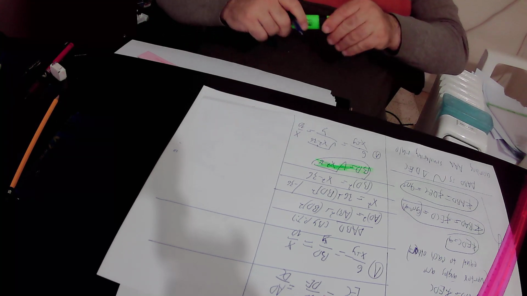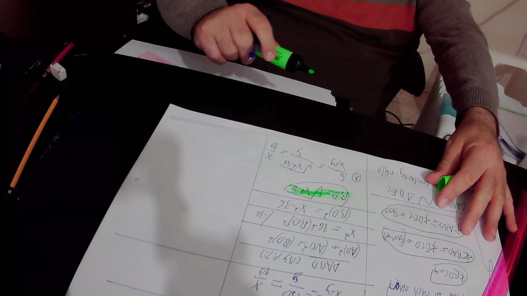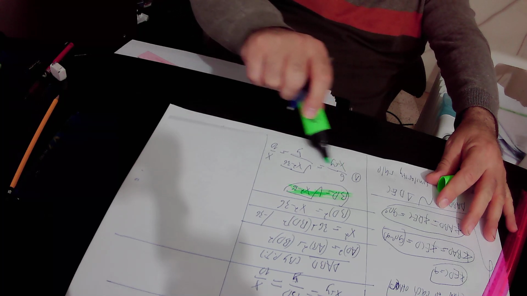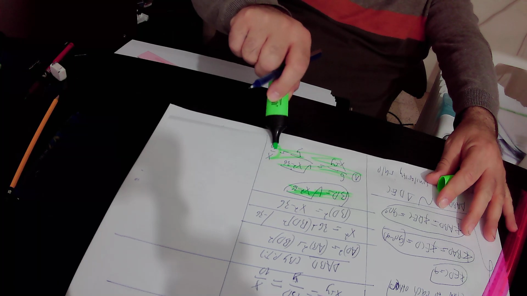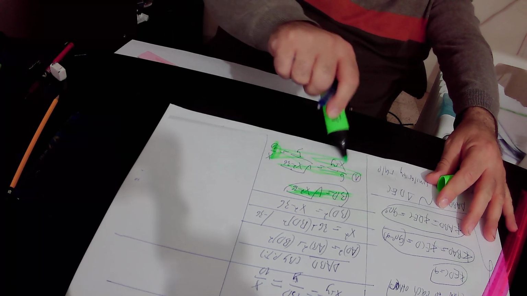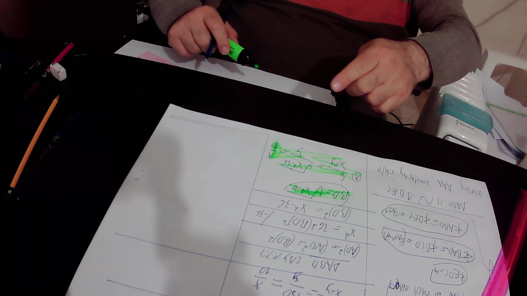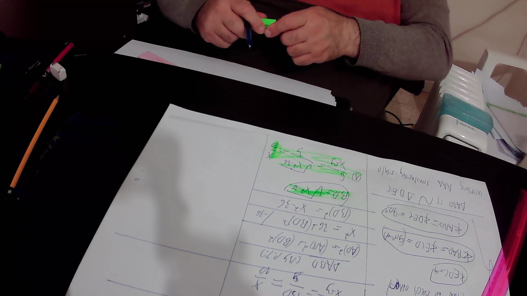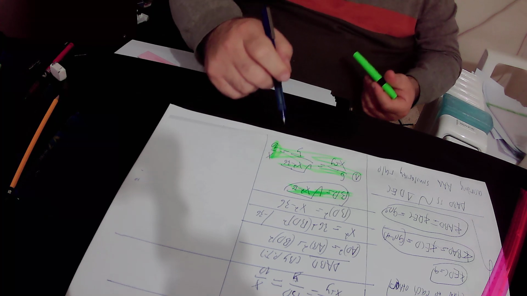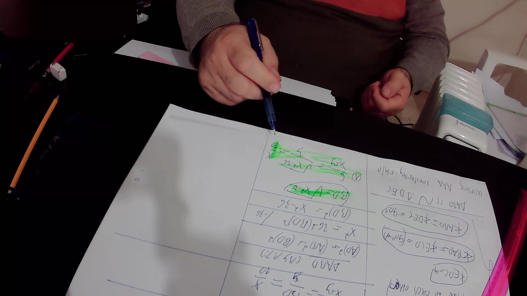Okay, so here we have this equation number 1: 6 over x plus y equals the square root of x squared minus 36 over y, and it is equal to x over 10.